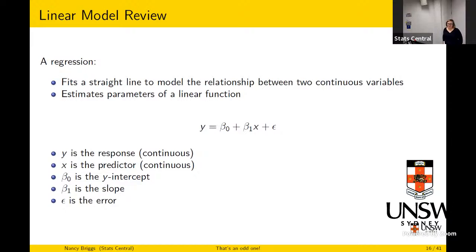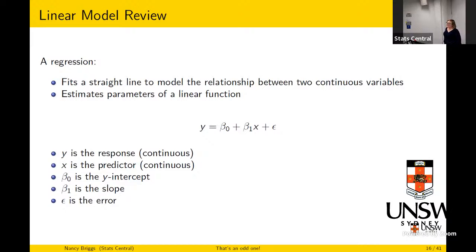It estimates the parameters of a linear function where we have beta 0, which is our y-intercept, and beta 1, which is the slope. That is what gives us information about how our outcome variable changes with changes in our predictor variable. And we can obviously have more than one predictor variable, but I'm sticking with the very simple case here.